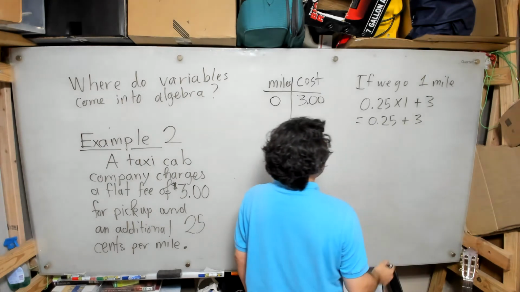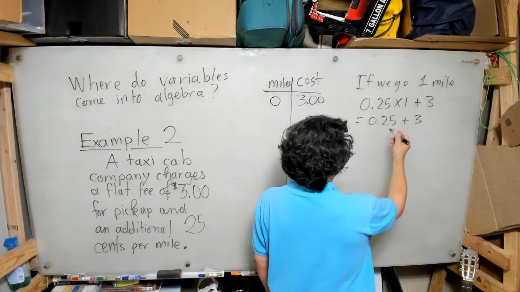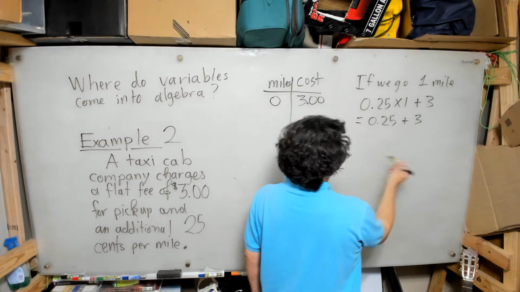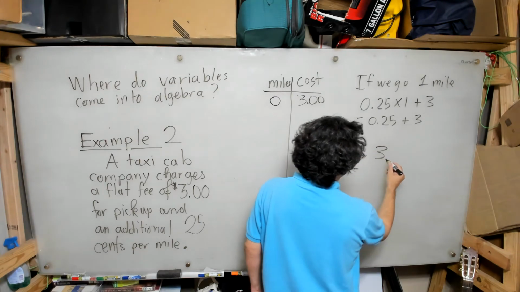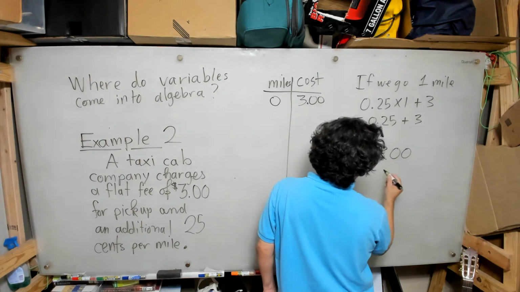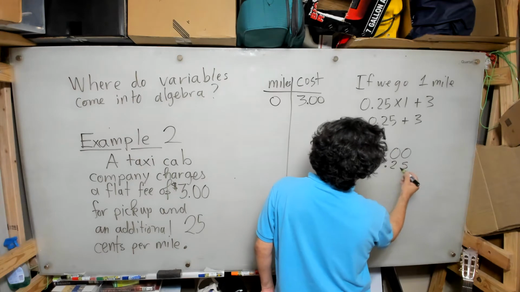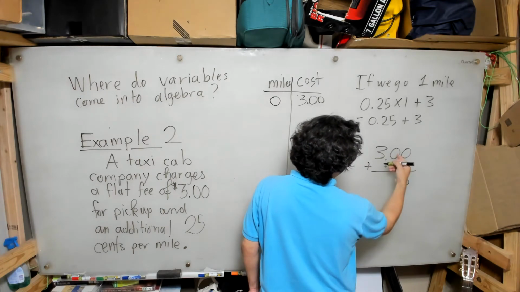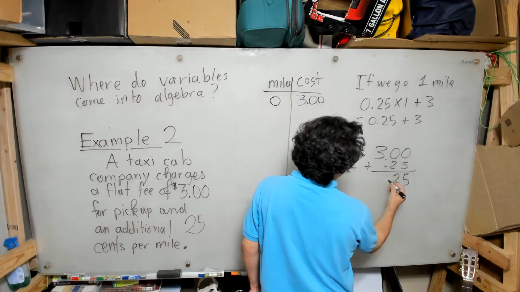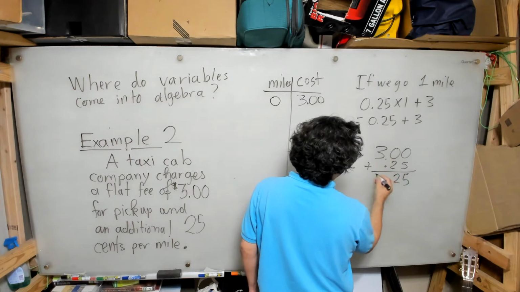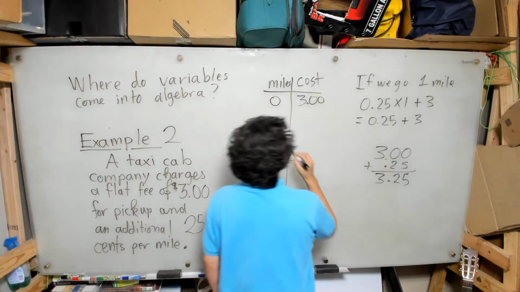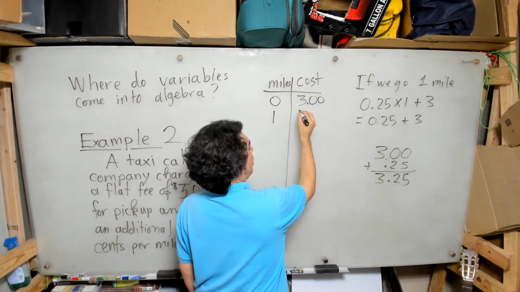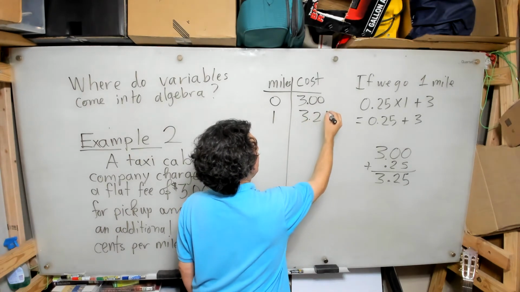And so we know that if we do 0.25 plus 3, we can line that up like this. Let me do that very explicitly. It'll be 3.00, 0.25. I add them. 0 plus 5 is 5. 0 plus 2 is 2. I bring down my decimal place. 3 plus 0 is 3. I can see that if I drive 1 mile, I go 3.25.